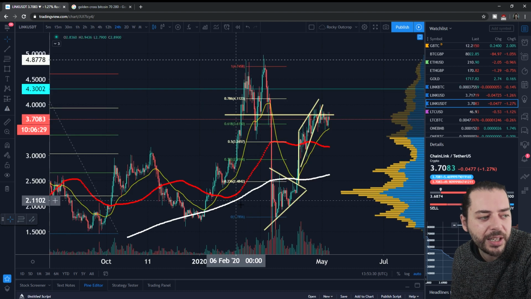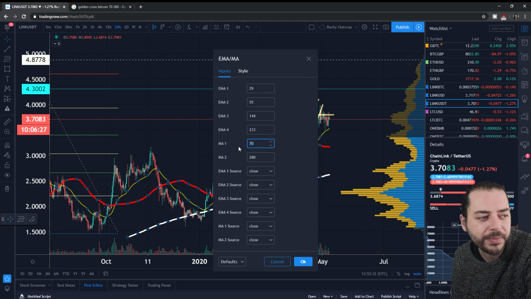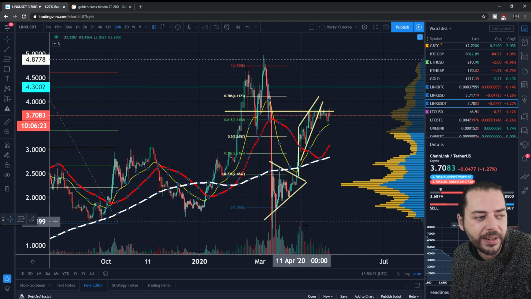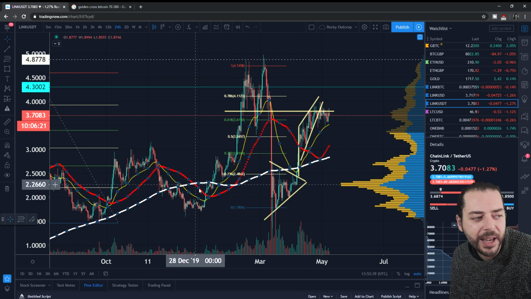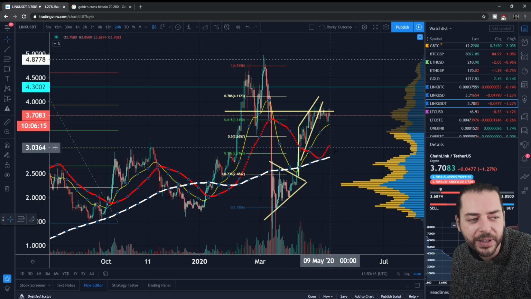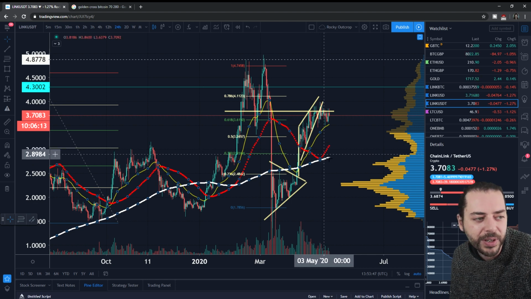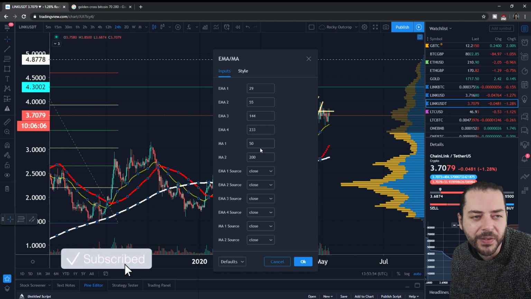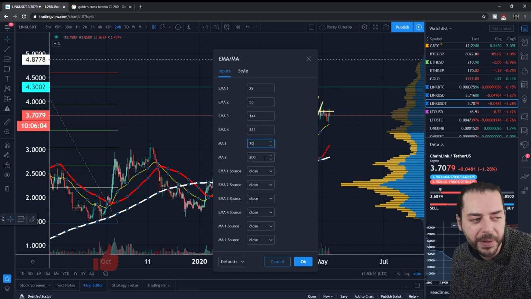Over here, if I change it back to 50 and 200, you can see the difference between them. You can see we had this death cross and then this golden cross, and then we got a kiss quite close, and it's been recovered. We've spoken about all this enough recently. But that is giving false signals, is essentially what I'm getting at.